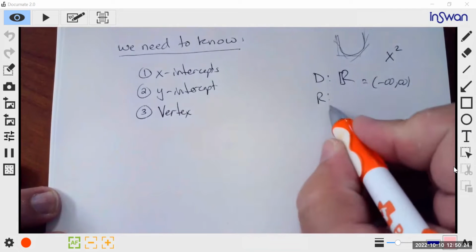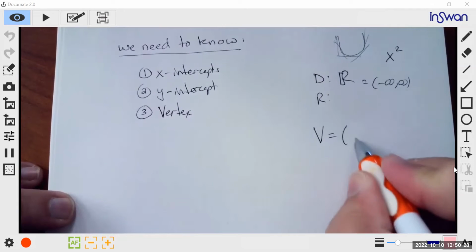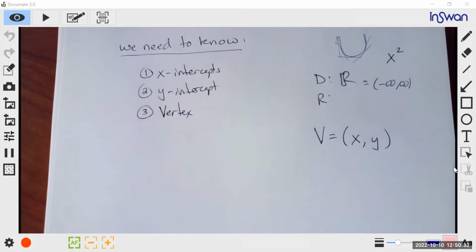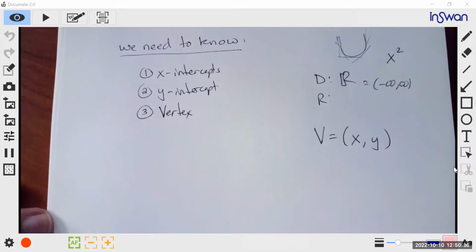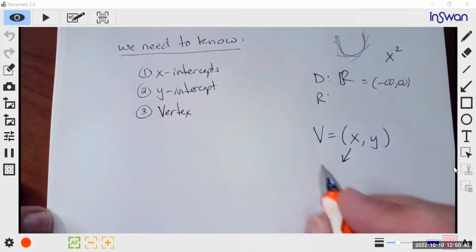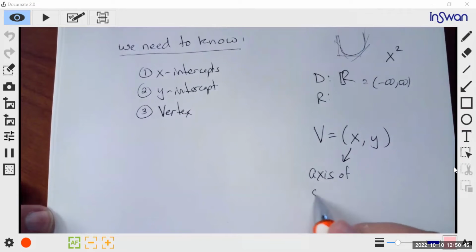Once you find the vertex, it's an x and a y value pretty much. It's a point. Both of these have a meaning. The x value of the vertex is the axis of symmetry.